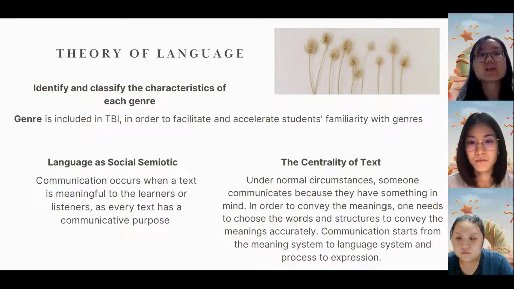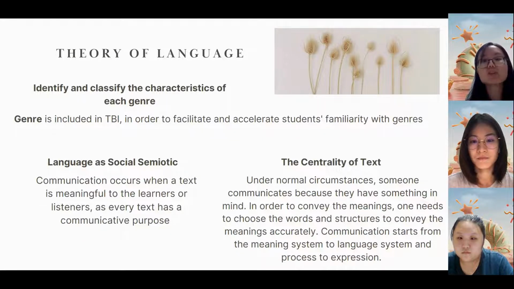Secondly, language as social semiotic, in which communication occurs when the text is meaningful to the learners or the listeners, as every text has a communicative purpose such as describing, explaining, recounting, and so on. And thirdly, we have the centrality of the text.